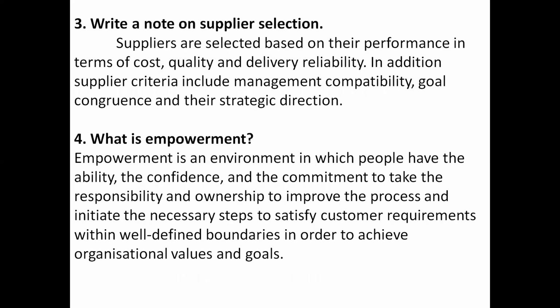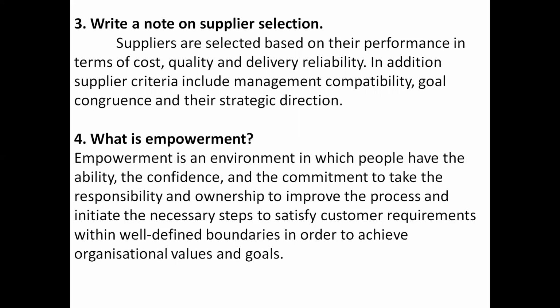Third question: write notes on supplier selection. This comes under Unit 2. The suppliers are selected based on the performance in terms of cost, quality and delivery reliability: how they performed in cost, how they maintain quality, and whether they deliver periodically.